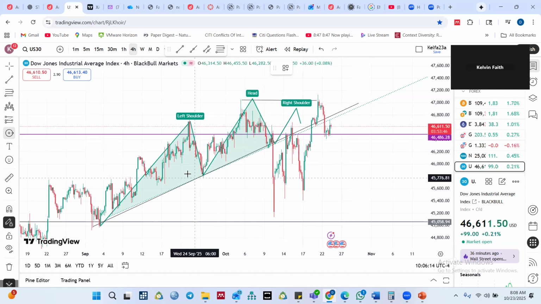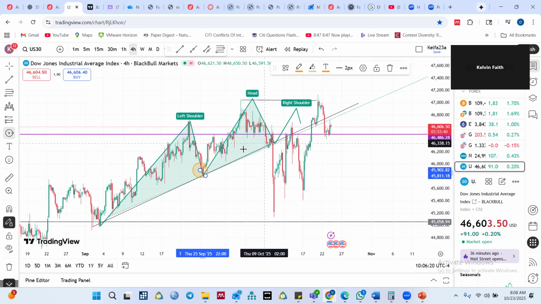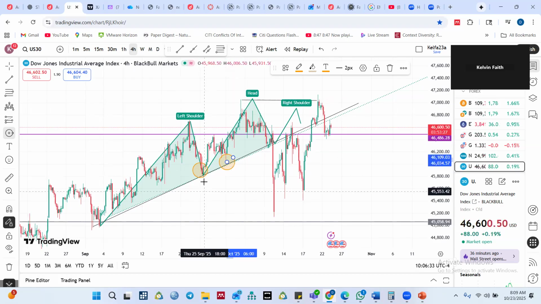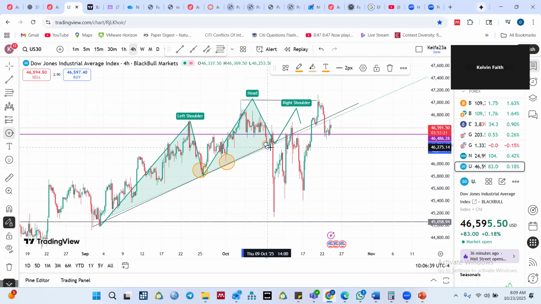So anytime we see price hit the head and shoulders trend line or neck, the left shoulder is what gives the neck. Anytime price hits the neck, like this area, it bounces up. The head comes to test it, and the head is supposed to break.